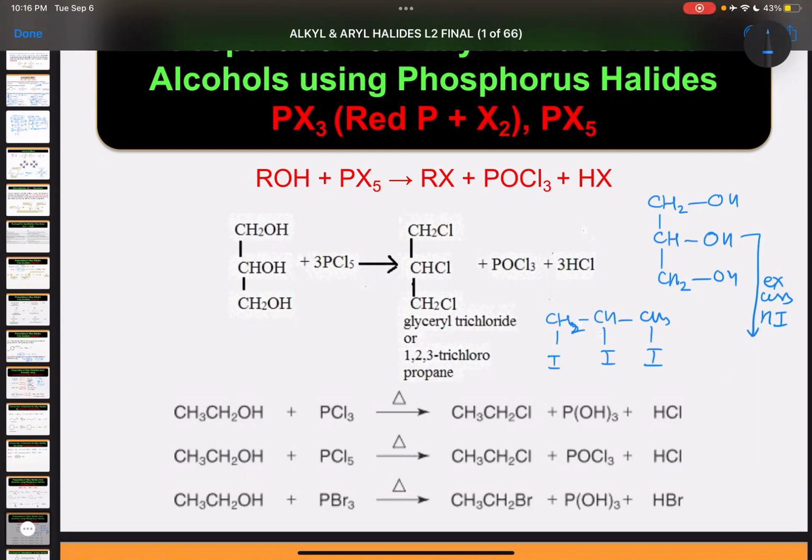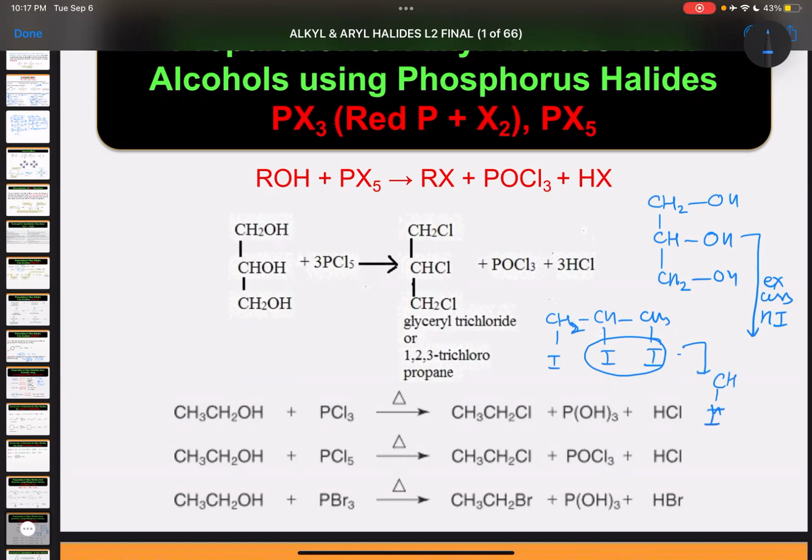Actually, iodides are unstable. Vicinal iodides are unstable. Why are they unstable? Because iodine is a very big atom. The bonds are weaker, and if you have two iodines on adjacent carbons, they just break away.